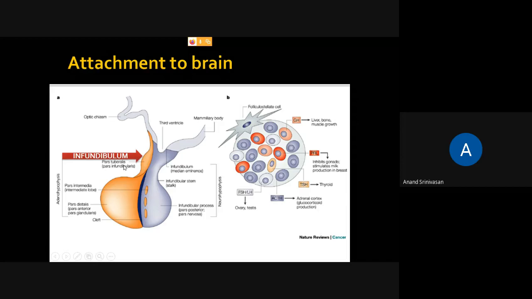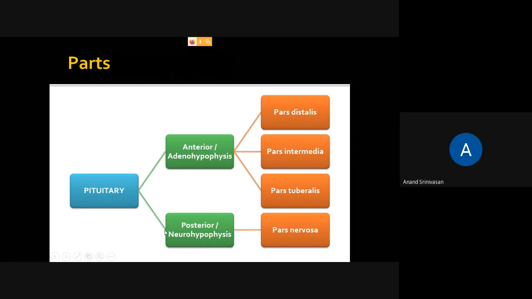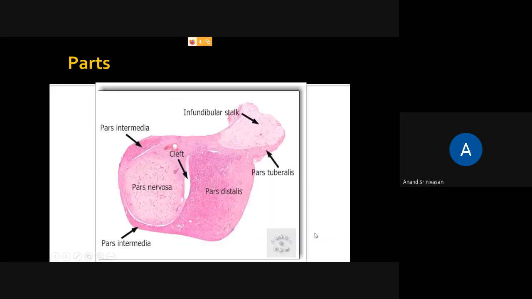The posterior part is mainly occupied by neurons, and that's why it is called neurohypophysis. It contains pars nervosa.